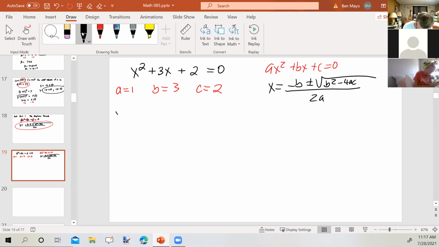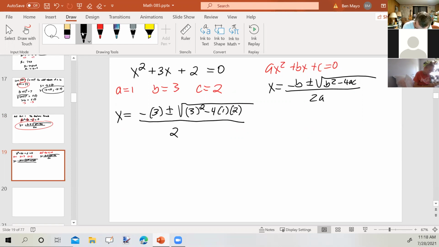So it will look like this: x equals negative b, which is 3, plus or minus the square root of b, which is 3, squared, minus 4 times a, which is 1, times c, which is 2, all over 2 times a, which is 1. So again, I'm replacing a, b, and c with the coefficients from the second degree or quadratic equation I started with.